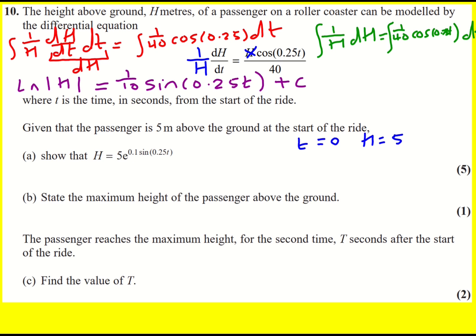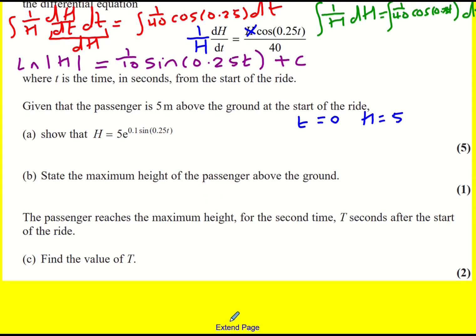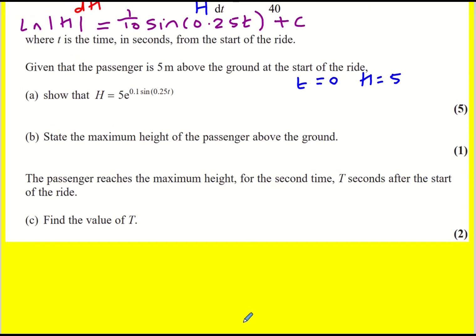Up to you now whether you substitute your condition in, t equals 0, h equals 5, or do a little bit of groundwork first. I'm actually going to go for it both ways, I think. So first up, let's do the substitution. So ln 5 is going to equal, well, sine of 0 is just 0. So actually c is just ln 5.